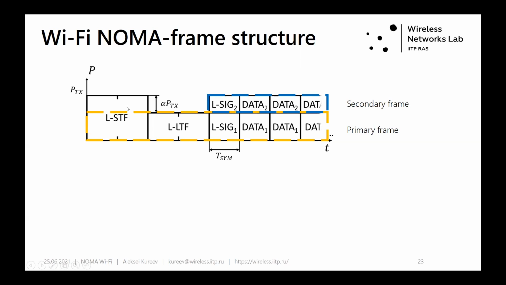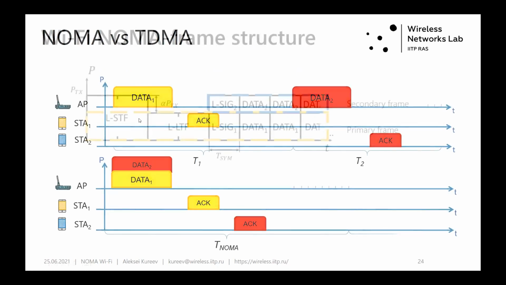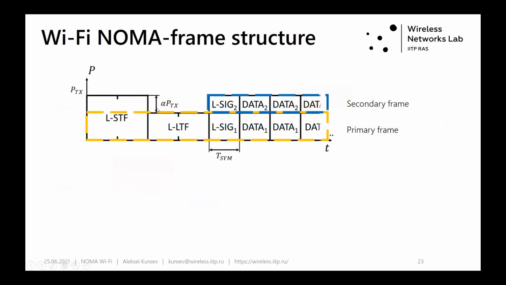And in this case, we use non-orthogonal multiple access only for all data OFDM symbols, which begin from L-SIG. And we use the L-STF field, which corresponds to signal synchronization and signal detection, and the L-LTF field, which is responsible for channel estimation. So we do not change these fields. Actually, we do not use the signal superposition in these fields, but we change the transmitting power of the L-LTF field.